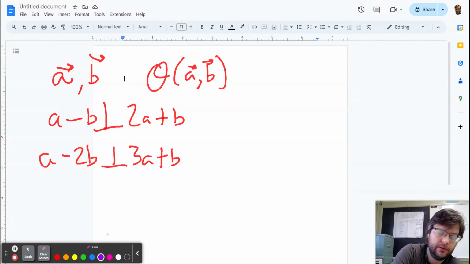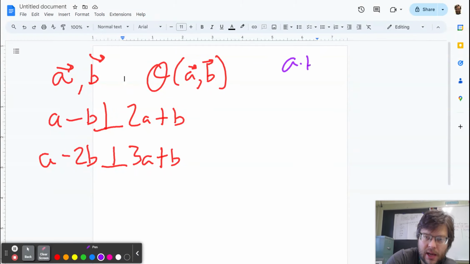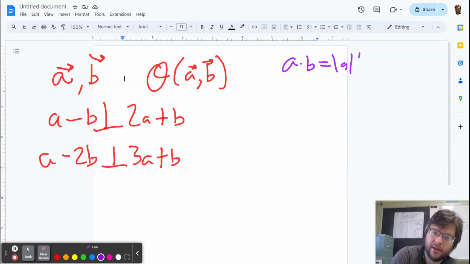So if I know two vectors are perpendicular, then I know they meet at a 90-degree angle. And remember, our definition of the dot product, A dot B, you can use the geometric definition where you get magnitude A, magnitude B, cosine of theta.